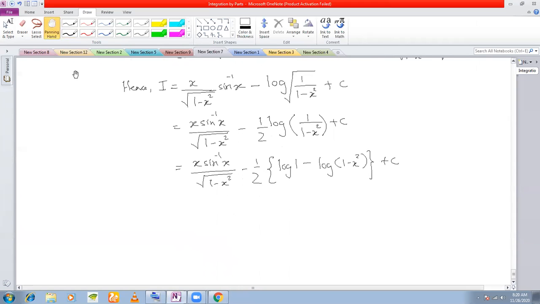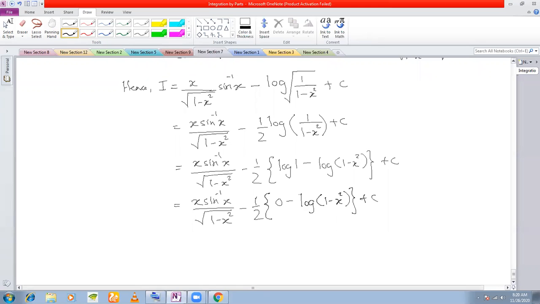Next what you can do here is write this as x sin inverse x by root 1 minus x square minus half of 0 minus log 1 minus x square, plus c, since log 1 is 0, right?